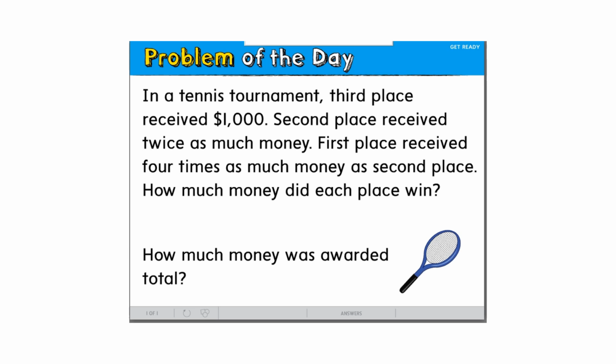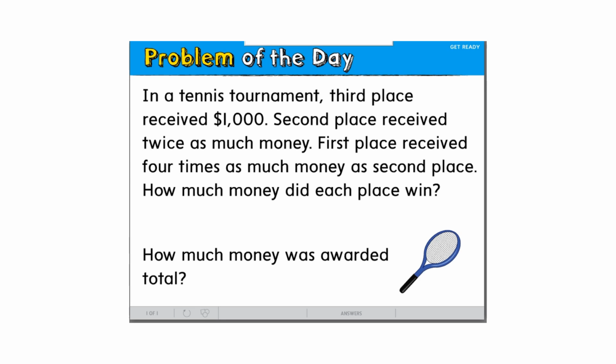How much money did each place win, and how much money was awarded total? So you have 2 questions. No one's going to raise their hand and tell me the answer. I want you to work it out on your whiteboard or in your notes for the couple of people who don't have a whiteboard yet. Don't talk to anyone. Do it by yourself. This is your problem of the day.